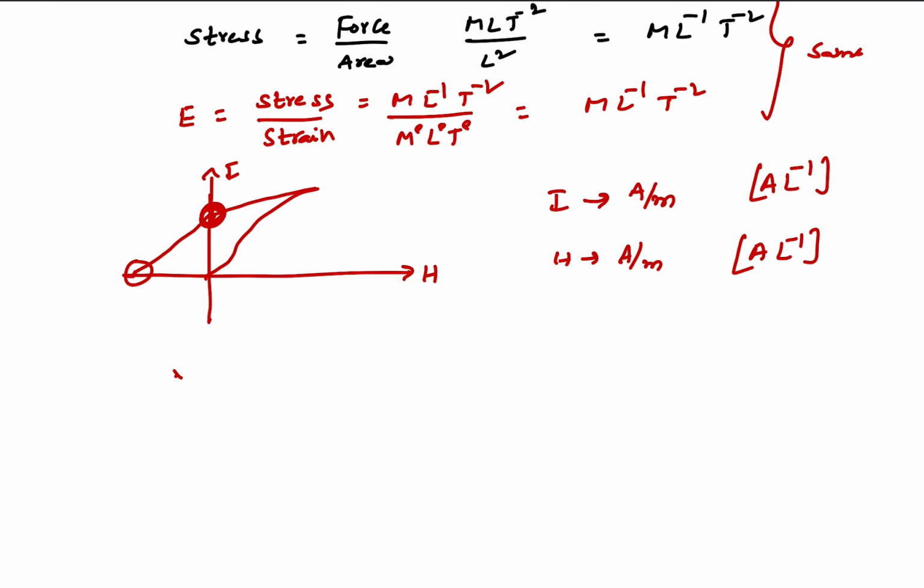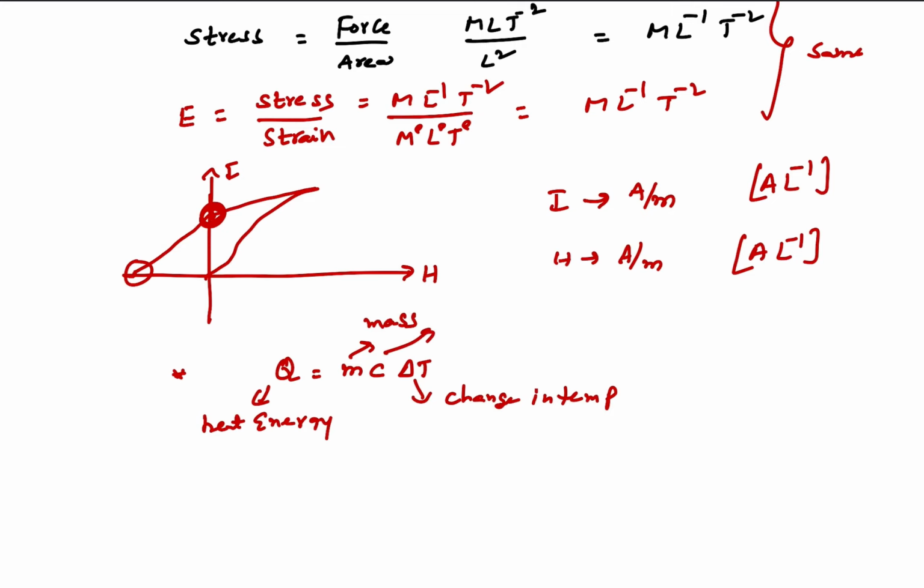Specific heat capacity and latent heat. What is specific heat capacity? Specific heat capacity means Q is equal to m c into delta T, where delta T is change in temperature, Q is heat energy, m is mass, and c is specific heat capacity.